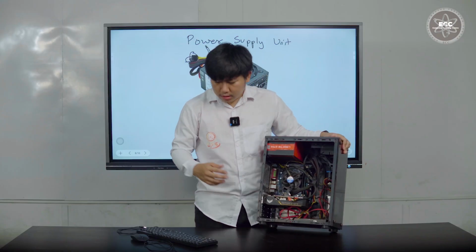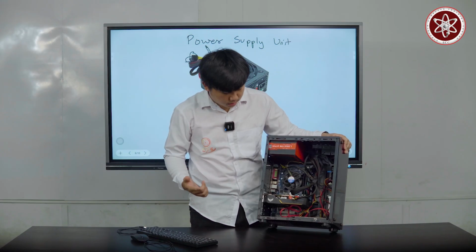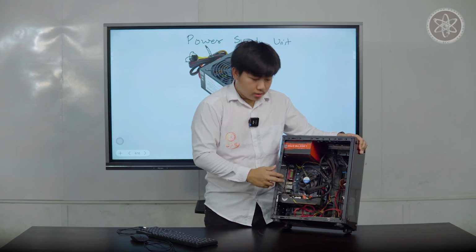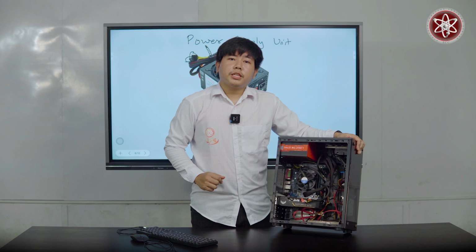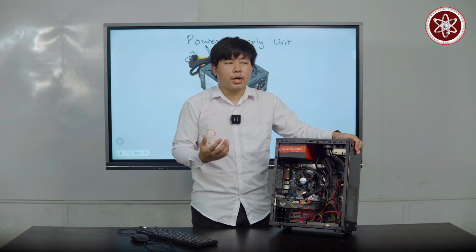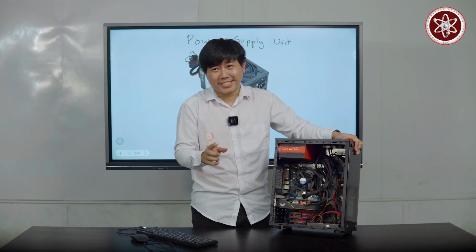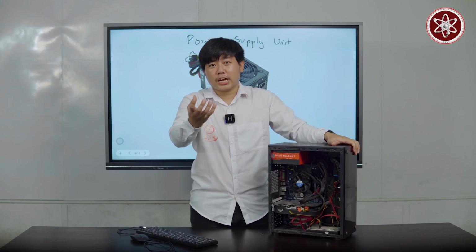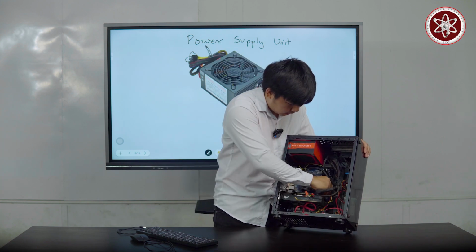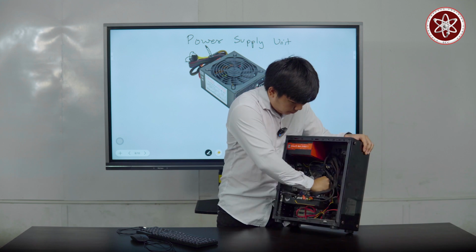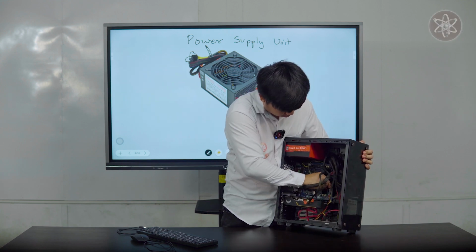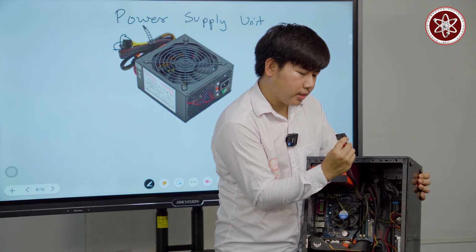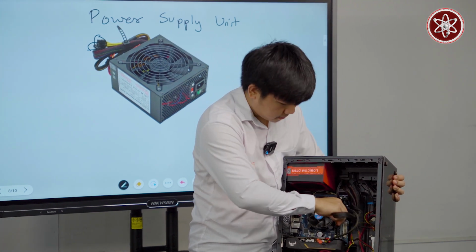So what about the CPU, RAMs, and some fans, the CPU fans? They acquire the electricity from the motherboard. So the motherboard has to take in a lot of electricity, and that's why the pin for the motherboard is very big. It has, I think, more than 20 pins in there.